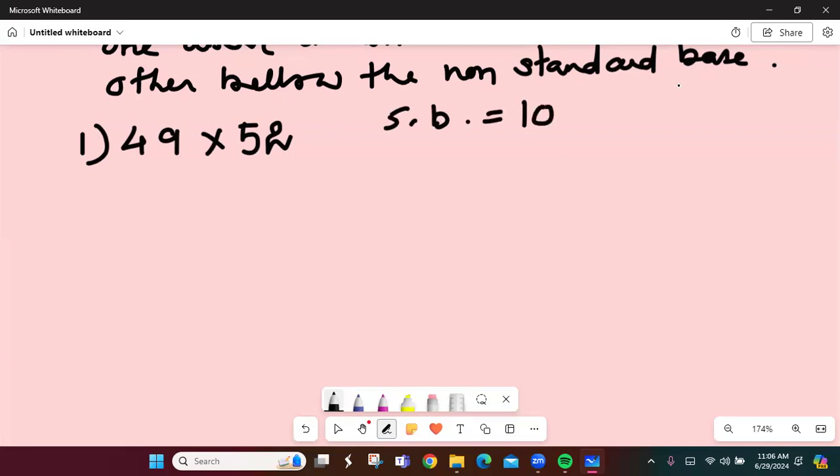But you can very easily see here that the difference between these numbers and the standard base 10 is too large. So I'll take a multiple of 10 that is closer to both 49 and 52, and that is obviously 50. And hence I'll take the non-standard base as 50.